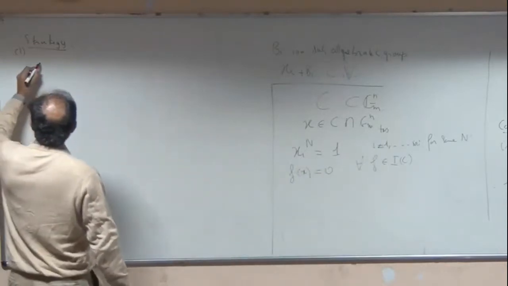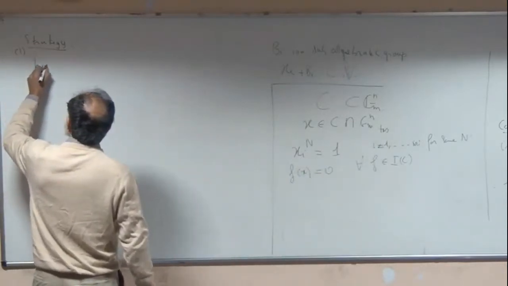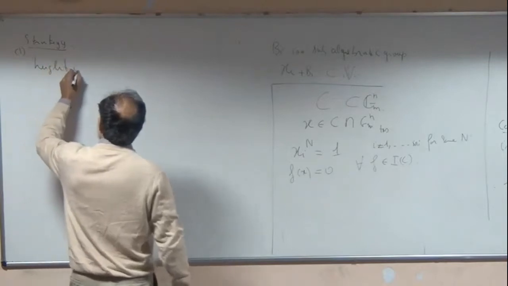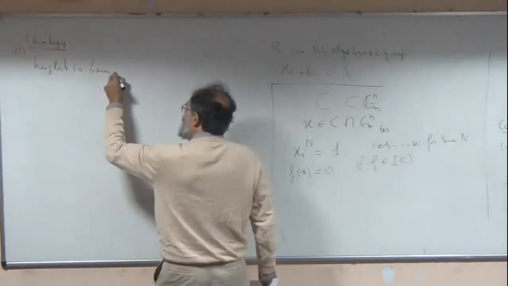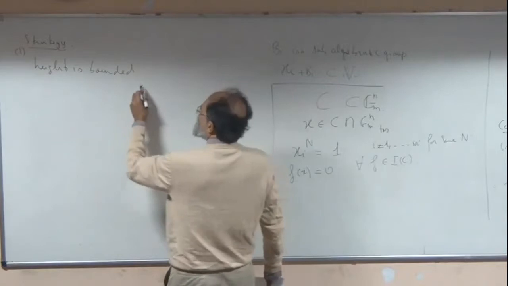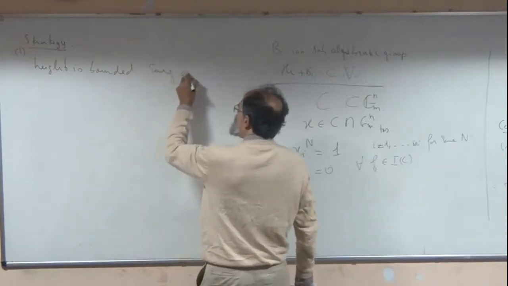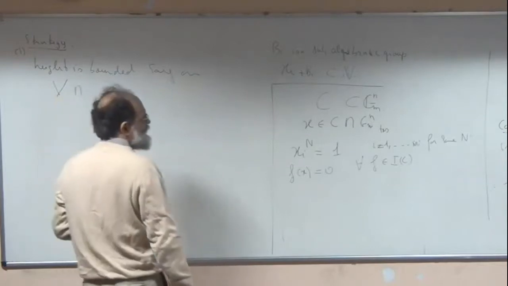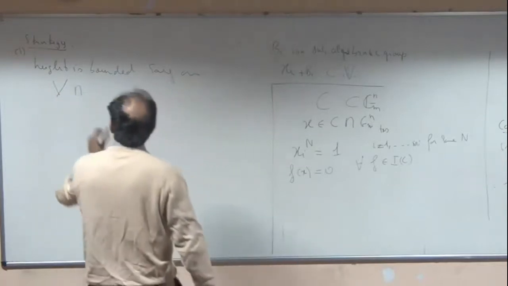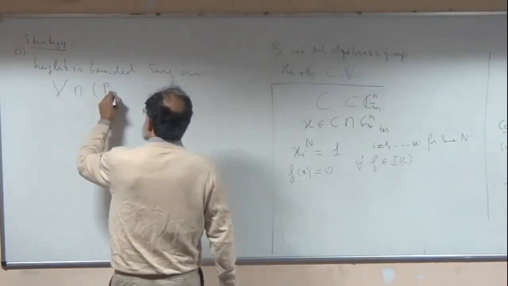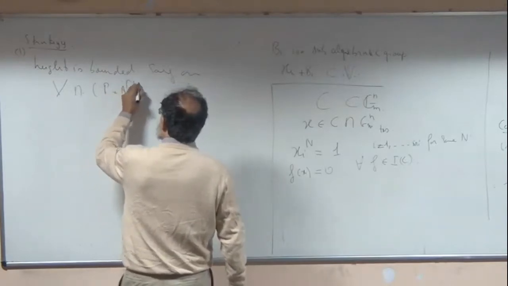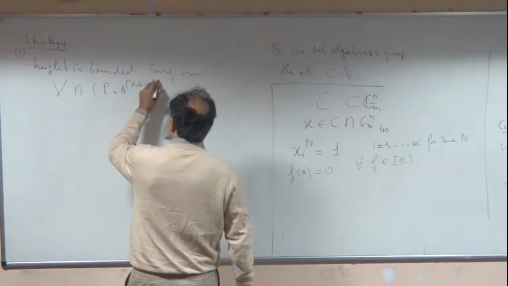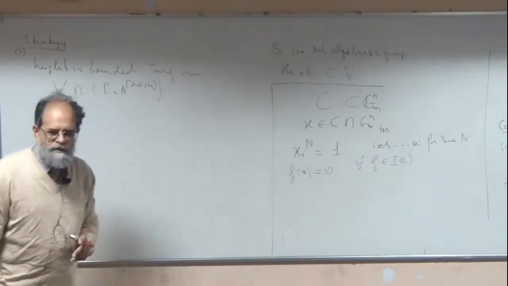First, you try to prove that the height is bounded, say on B intersected by gamma plus A dimension of B plus 1. You have a set of bounded height.